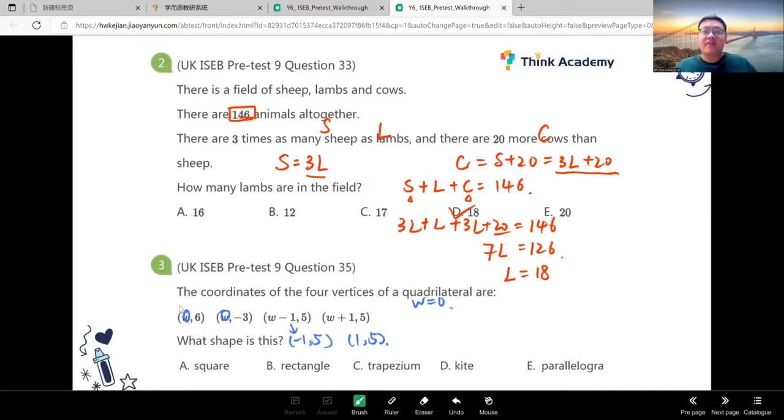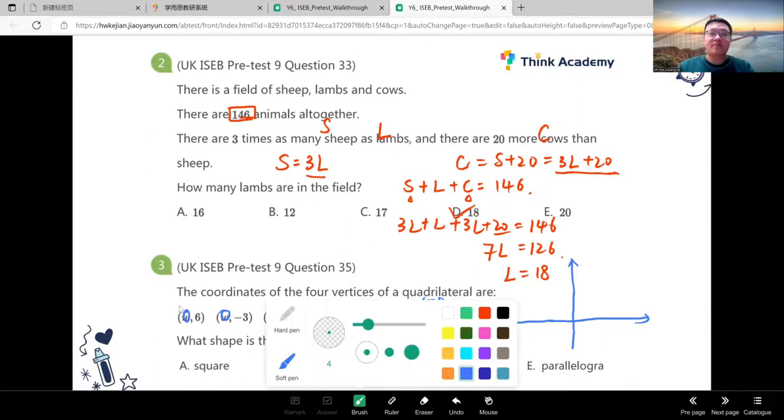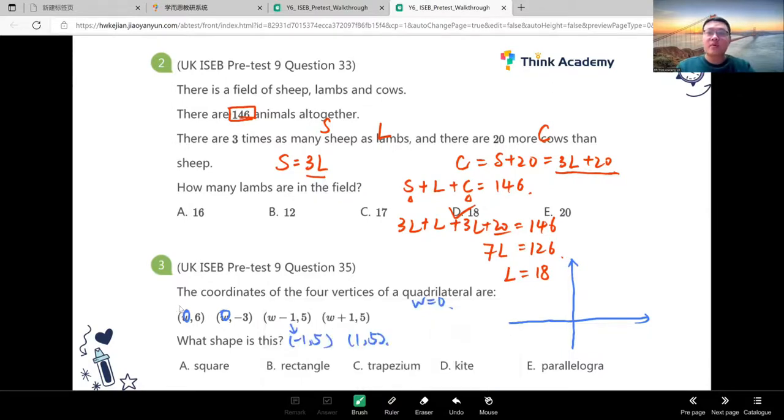Now I'm going to take these X, Y coordinates and plot all of these 4 points and connect them. So the first one is 0, 6. And 0, minus 3, this one is here.